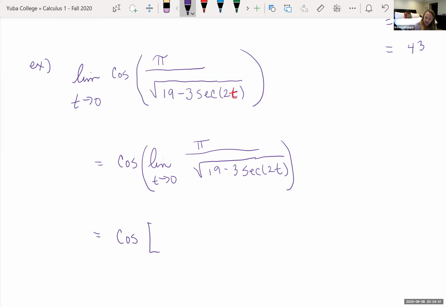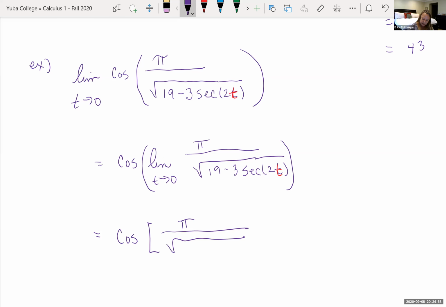So if we go back in here and we plug in 0 wherever we see a t, we have, well, limit as t goes to 0 of pi is just pi all over. Basically, I can take the limit of the square root and then the limit of what's underneath.